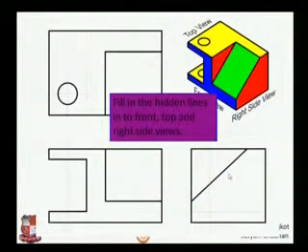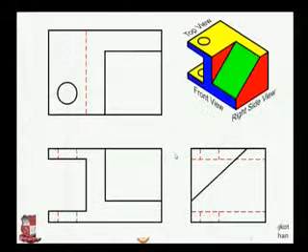Now fill the hidden lines. So what will be the hidden line, or say dashed line, in the front, top and right hand side views? Let us see the top view. This edge is hidden, so this has to be a hidden line. In the front view the hole is not visible, so here it will be a hidden line.